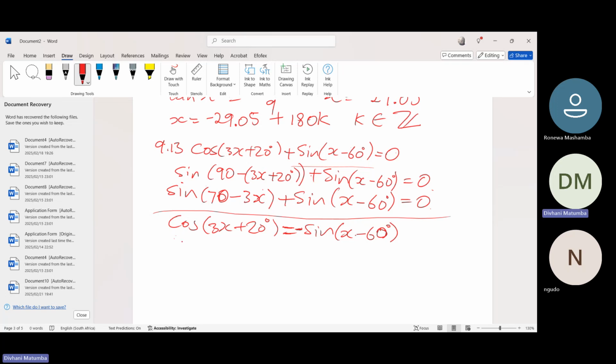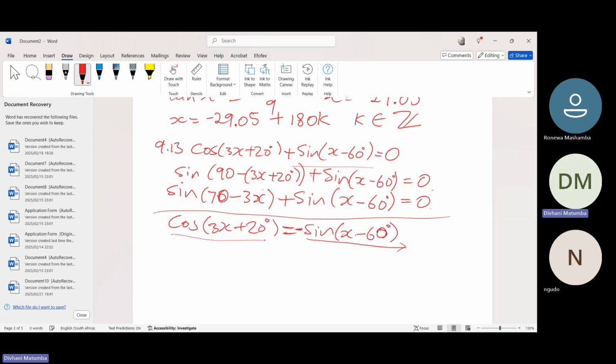Okay, so do you know any quadrant whereby sine is negative? Or let me use what you wanted to use.